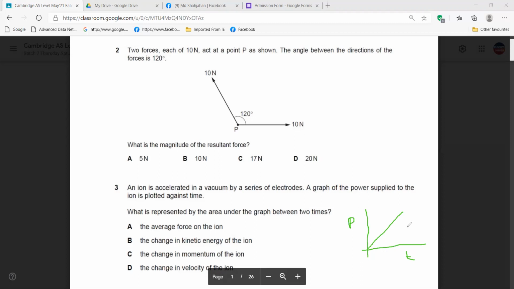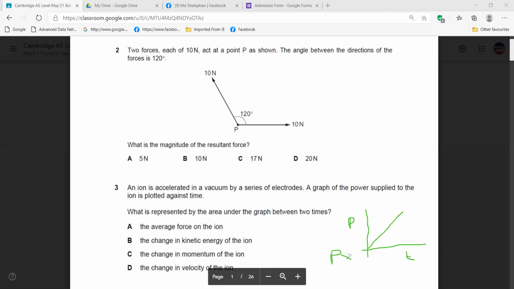So if you are taking area under the graph, then what you are getting, half into base into height, right? Yes, sir. So half into base into height will give you the multiplication of power and time. And we know if you multiply power and time, then you will get energy, right?